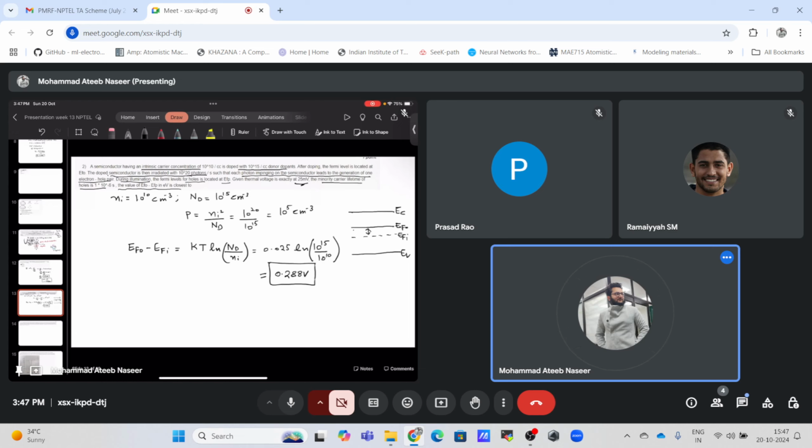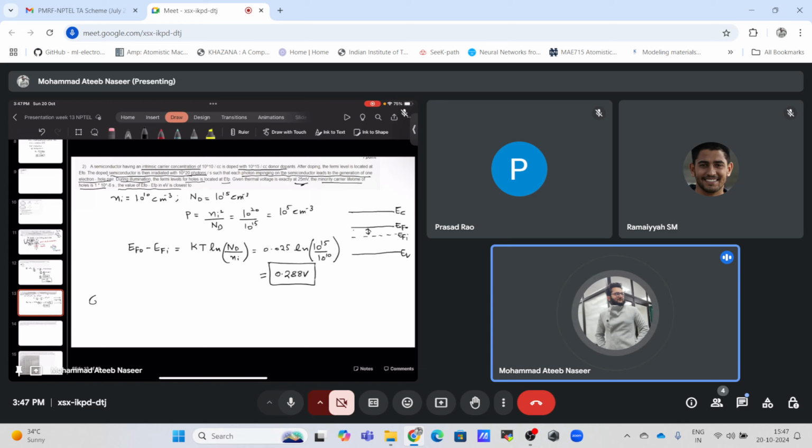Now, by irradiating this semiconductor bar with light, we are generating one electron-hole pair for each photon. Because of this generation rate, there will be an increase in both the minority carriers and the majority carriers, but the majority carrier increase won't be that significant.